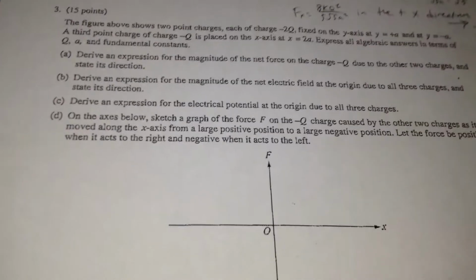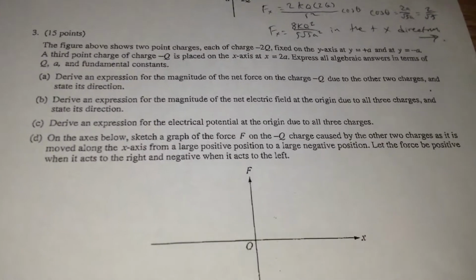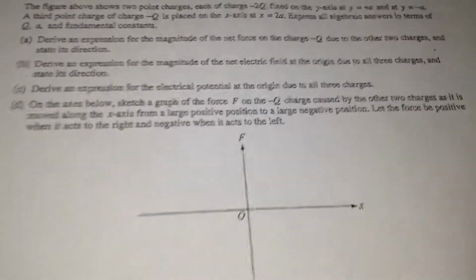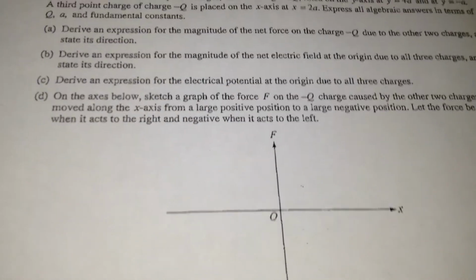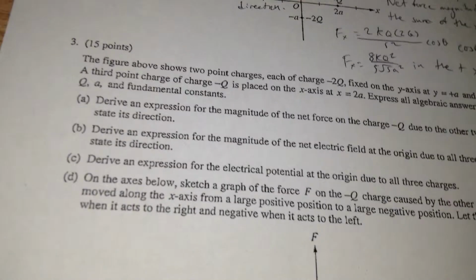So part C now says, derive an expression for the electrical potential at the origin due to all 3 charges. So this one, you're going to do down here. It's a long one. C, you're going to have V equals k sigma q1 over r1.